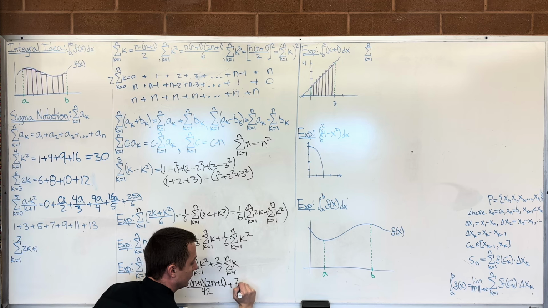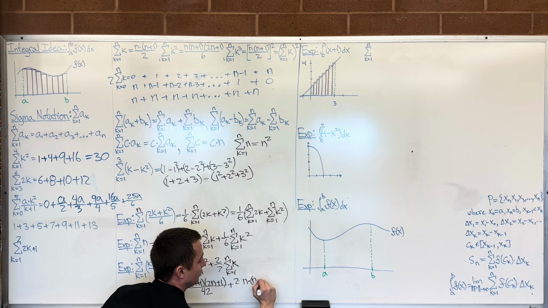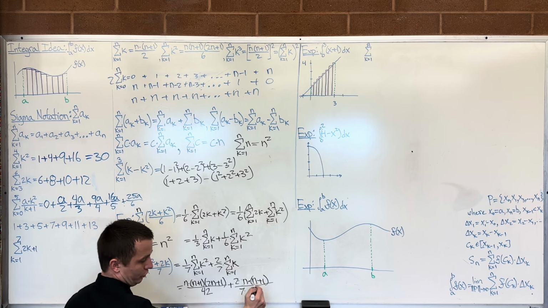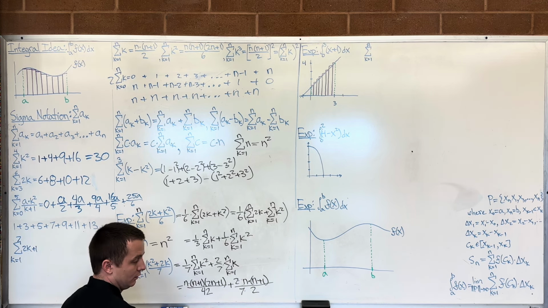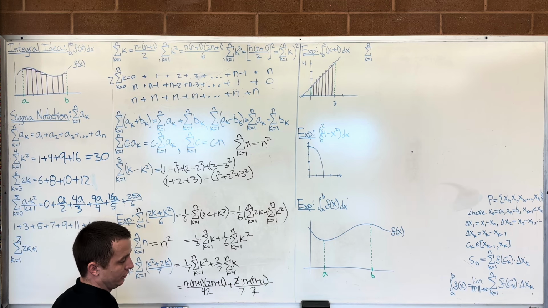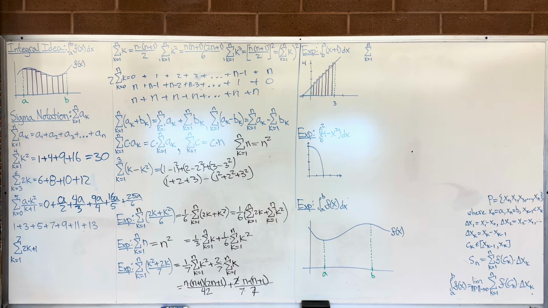We'll include the 2 there really quick. 2 times n times n plus 1. The 2 here was over 7. The n times n plus 1 was over 2. So those 2's cross cancel, leaving it just over 7. You see that? And then you can keep doing the algebra if you wanted, but that shows you the idea.